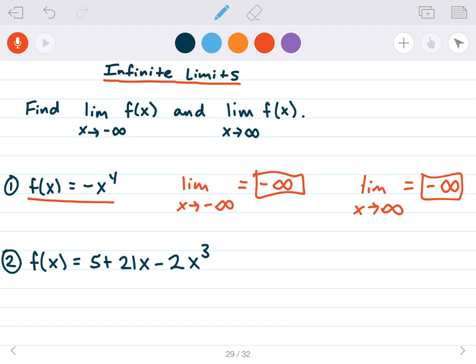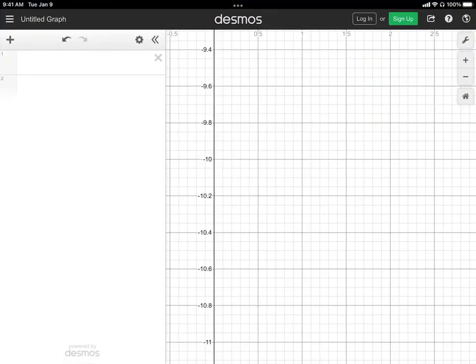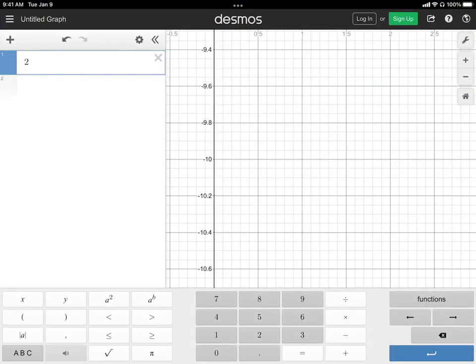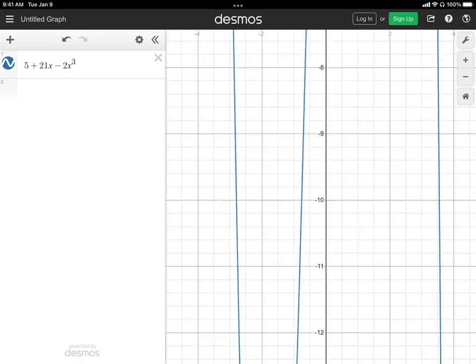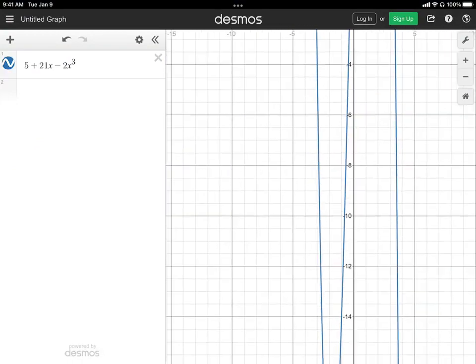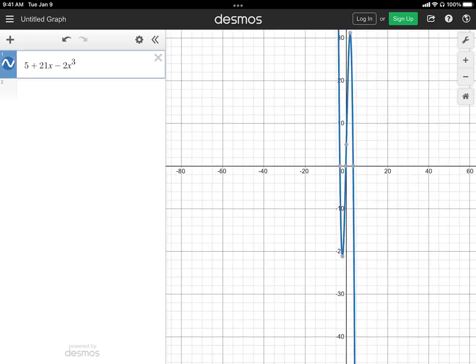All right, let's look at this function right here. 5 plus 21x minus 2x cubed. Make sure I have that in right. Alright, let's see what happens when we go to negative infinity first.